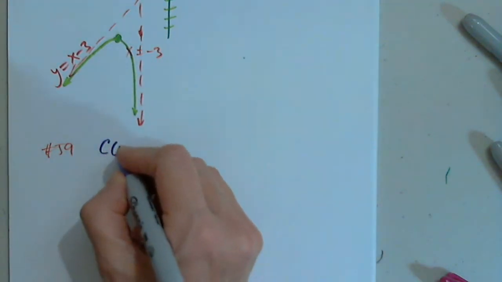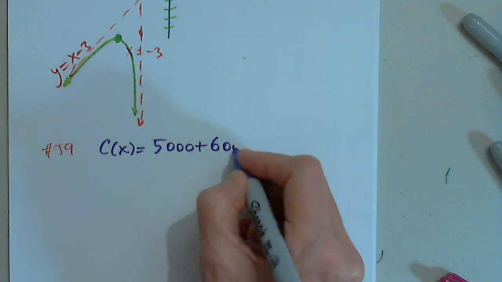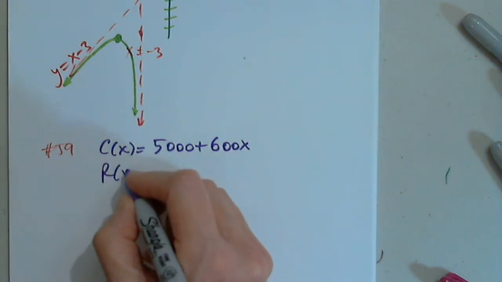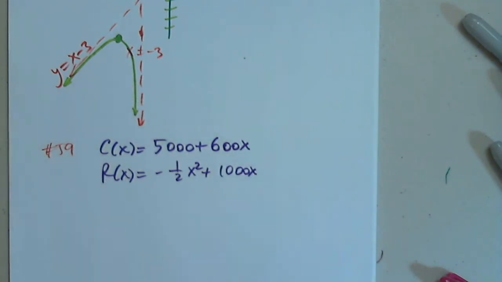C of X equals 5,000 plus 600X, and the revenue is negative 1/2 X squared plus 1,000X. Find the total profit function.